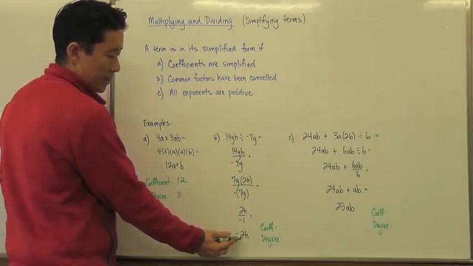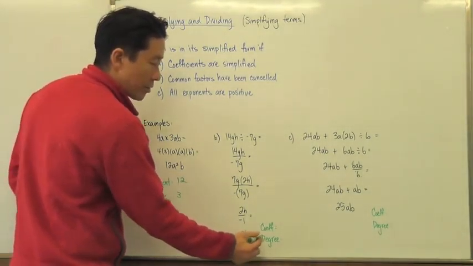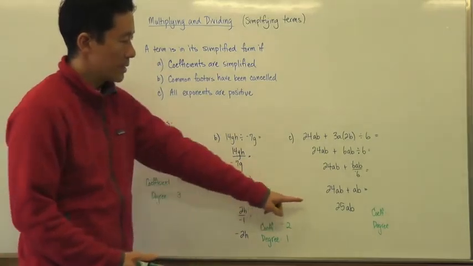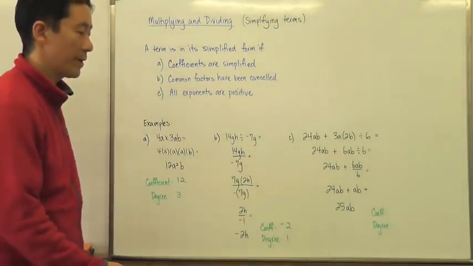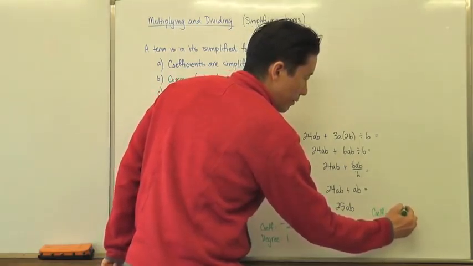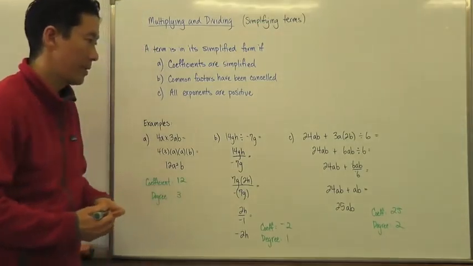For this simplified term, hopefully you stated that the coefficient is negative 2, and the degree is 1. For this one, the coefficient is 25, and the degree in this case is 2.